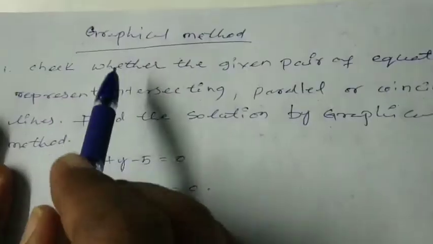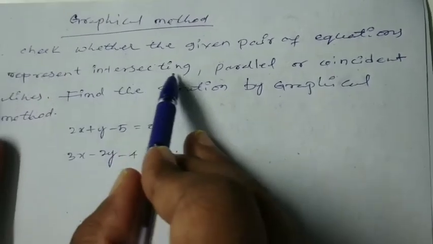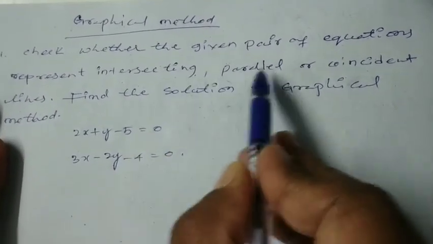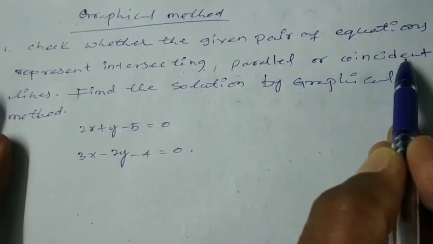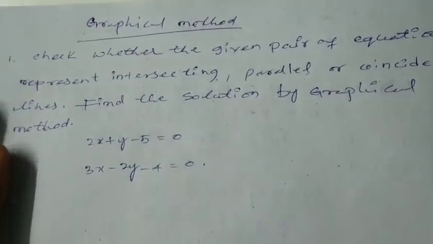Okay, now we are going to take one problem on the graphical method. Check whether the given pair of equations represent intersecting, parallel or coincident lines. Find the solution by graphical method.